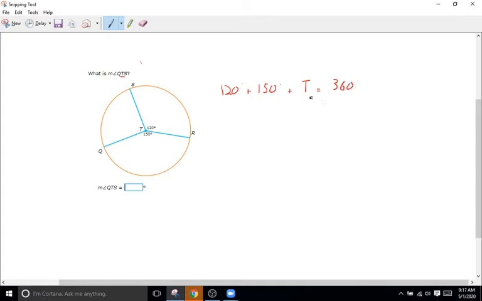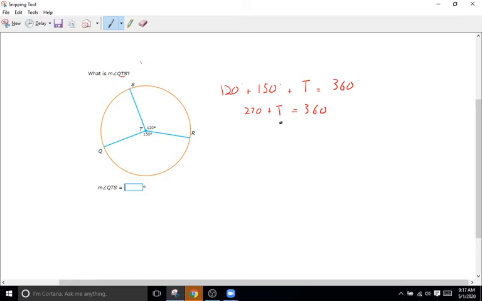Some of you might be able to figure out what T is immediately by doing the math in your head. That's great. I'm just going to work it out on paper here. So we have 120 plus 150. That's going to be 270 plus T equals 360.